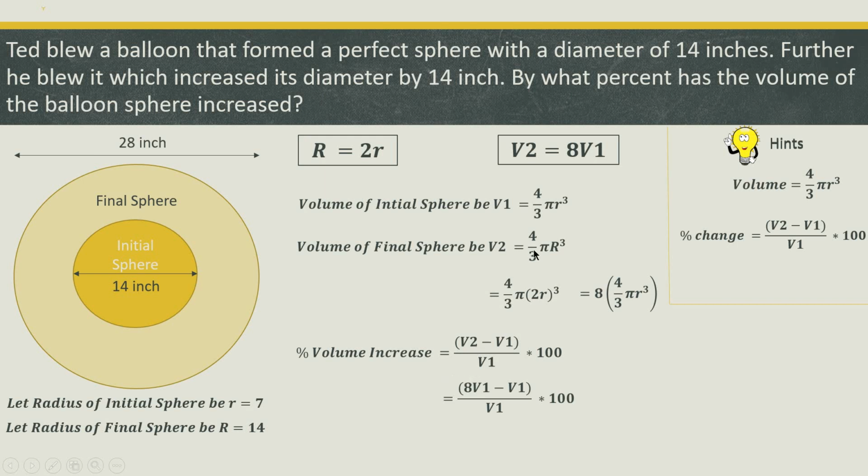Replacing v2 with the relationship we got, 8 times v1 minus v1 by v1, which comes to 7 v1 by v1. Cancelling v1, all we get is 7 times 100, which is 700 percent. So that's the percentage increase of the final sphere that we got here.